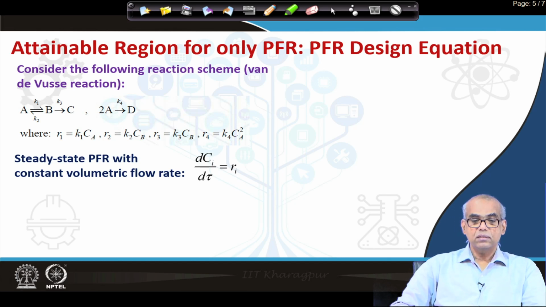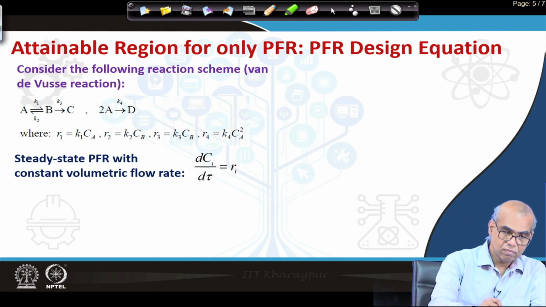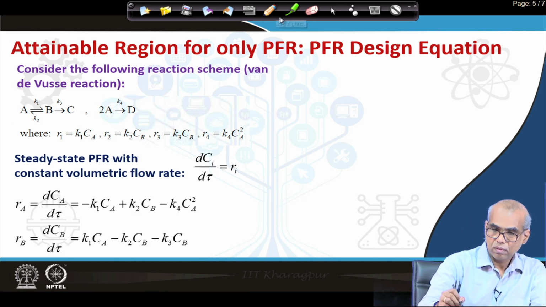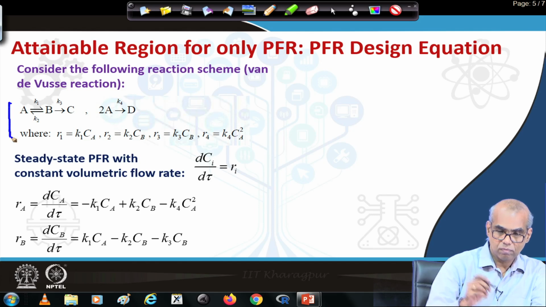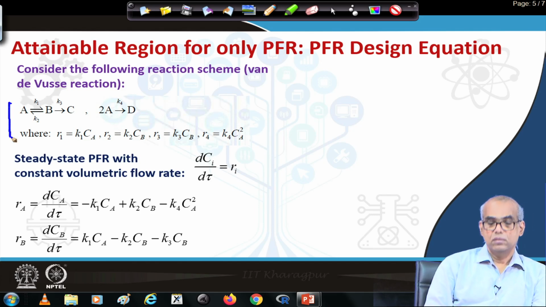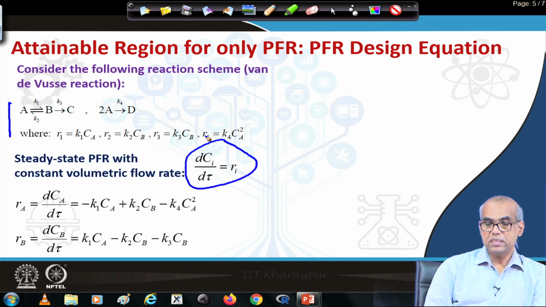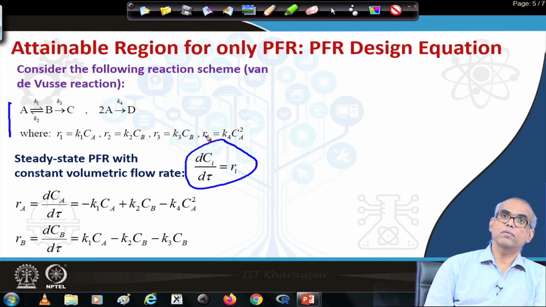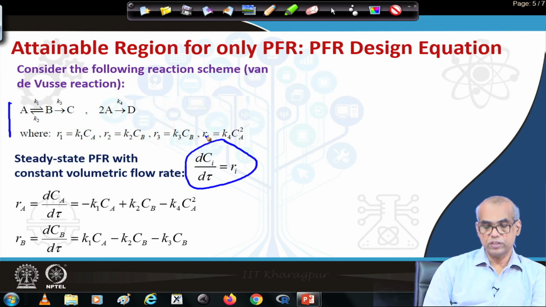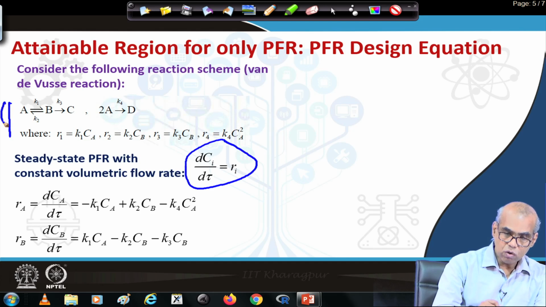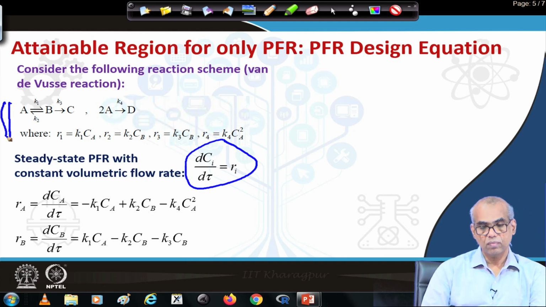So, consider the Van de Vusse reaction scheme again. We have just seen that for the steady state plug flow reactor with constant volumetric flow rate, we can write dCi/dτ equal to Ri for any ith species. So, now look at the Van de Vusse equations.